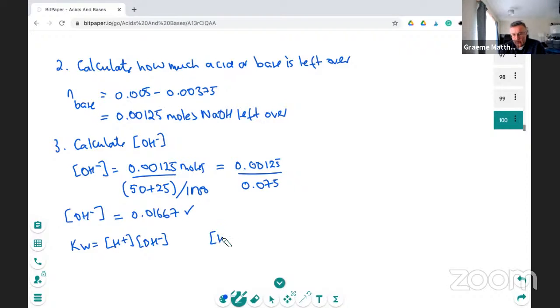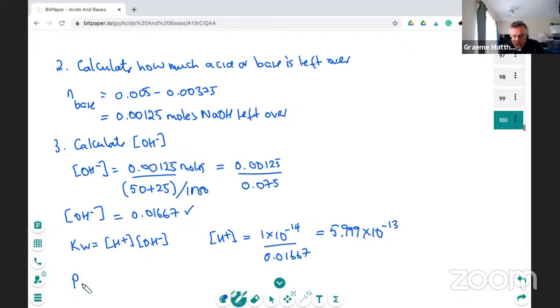So H plus is 1 times 10 to the minus 14 over 0.01667, which is 5.999 times 10 to the minus 13.